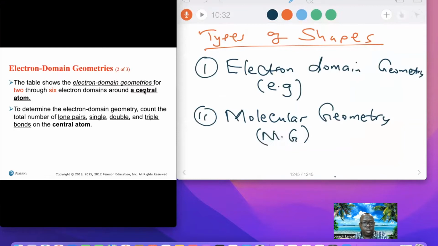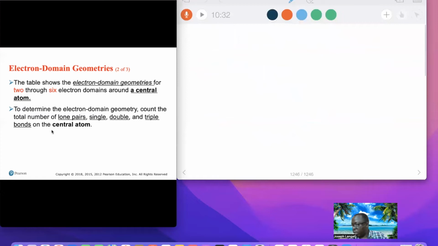Electron domain geometries are based on electrons around the central atom, and to determine the electron domain geometry, count the total number of lone pairs, single, double, or triple bonds around the central atom. I will use sulfur dioxide, for example, to show you how you end up with the counting of the domains and predict the shape.